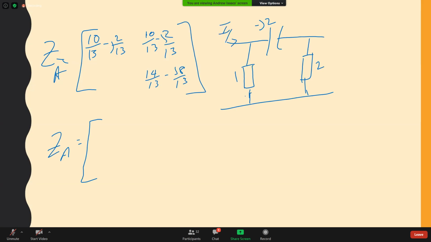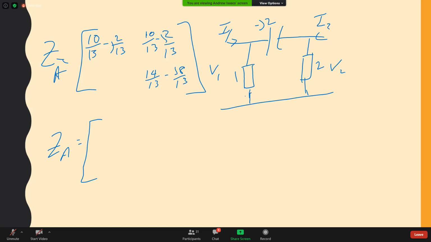So this is I1, this is V1, that's I2, and that's V2. So how did you go about finding Z11? Sir, I found the total impedance, sir. What did you do with port 2? Left it open, sir. Okay.